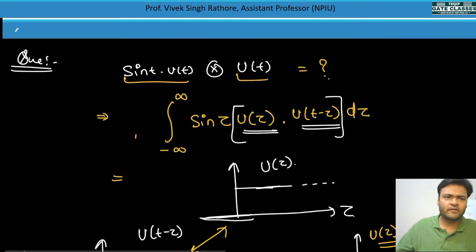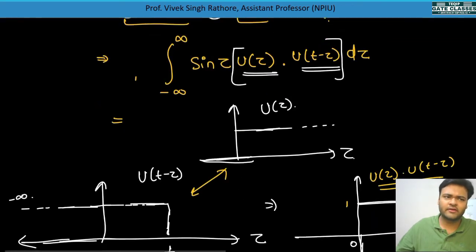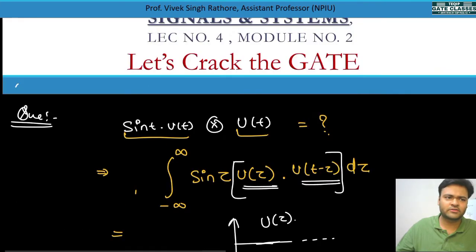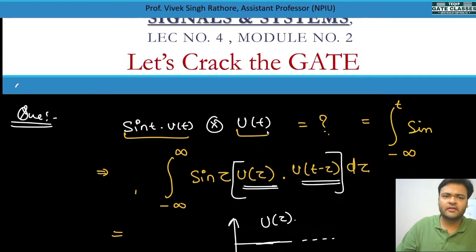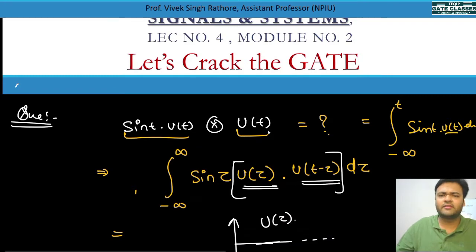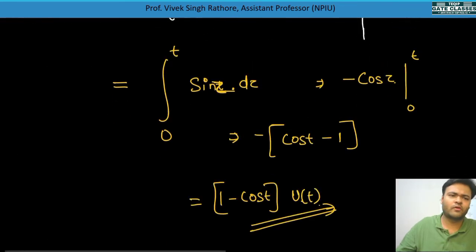So what we have done is integrate from minus infinity to infinity, first tau, and then t minus tau. If you remember the property, any signal convolved with u(t) generally represents integration also. So minus infinity to t of sin t into u(t) you can also do, and there also u(t) is there, so you can do from 0 to t sin t dt, and you calculate the same value that we got.